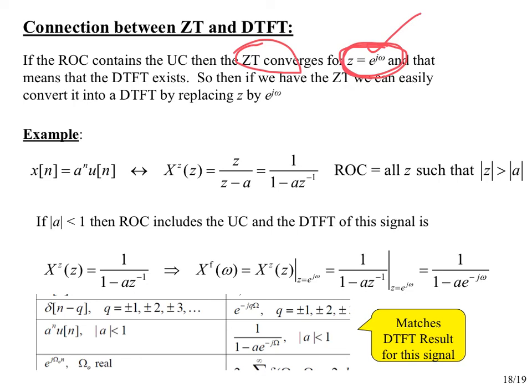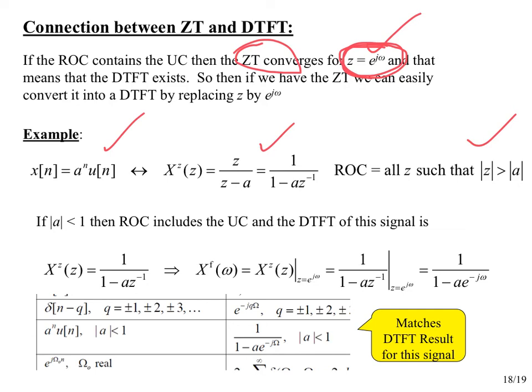And so here's an example for this case that we looked at earlier. The causal exponential function, we saw that we got this result as our Z transform. And since that is a causal signal, we saw that we got a result that said all Z outside the circle of radius A are in the region of convergence.